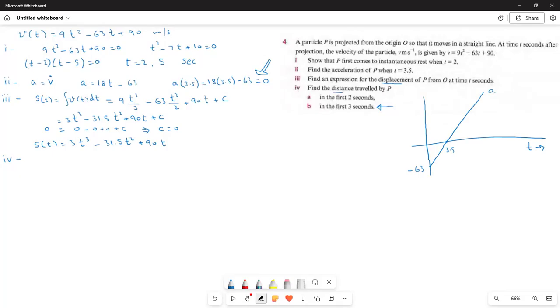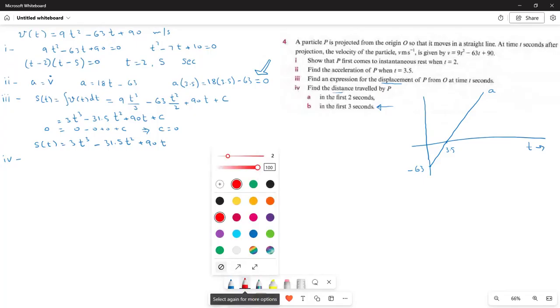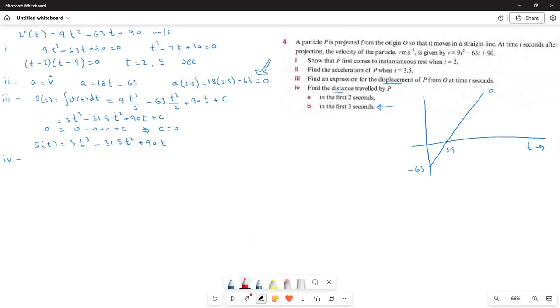Now if I want to plot the velocity, let me use some other color. Velocity was 0 at 2 and 5. So this is 3.5, and this is 5. I'm just making a rough sketch. It's a parabola, and since the t squared term is positive, it is a parabola opening up.